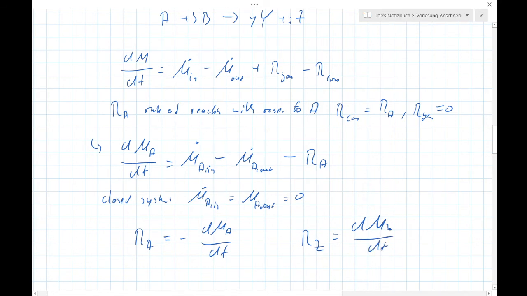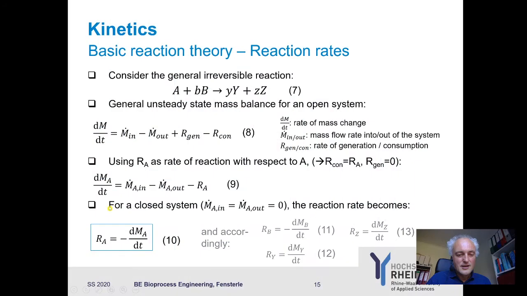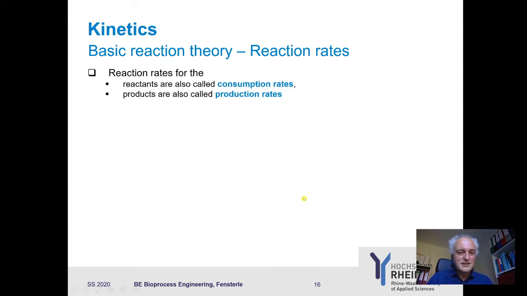I just have showed you in this long presentation so that you believe me that the signs are different. This comes from this unsteady state mass balance. So R_A is minus dM_A/dt. R_B, of course, is also minus dM_B/dt because it's also consumed. And R_Y, R_Z is a positive sign, dM_Y/dt or dM_Z/dt. So these are the rates corresponding to the masses.